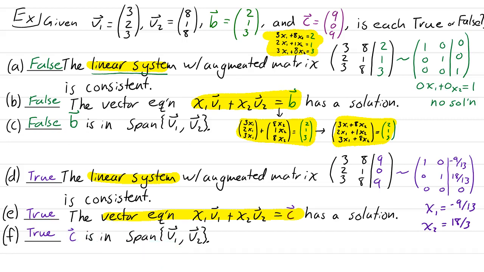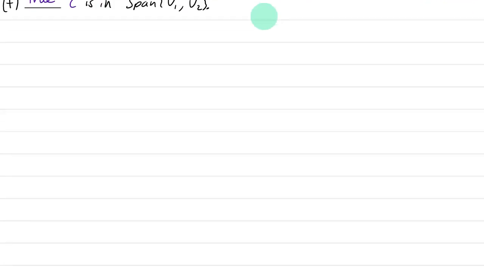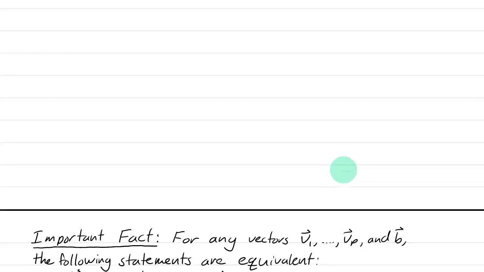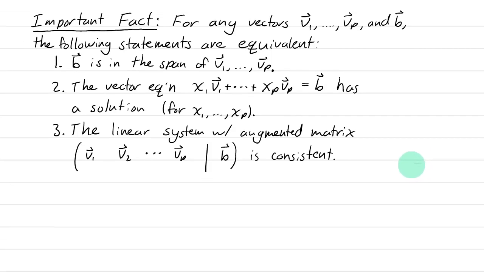Okay, so this exercise was basically a way for you to convince yourselves that this important fact is true. What this says is, given any vectors, so p different vectors labeled v with different subscripts, and then another vector b, and the b is going to represent the one on the other side of the equal sign in these equations.